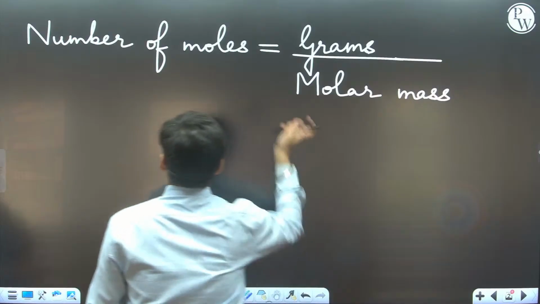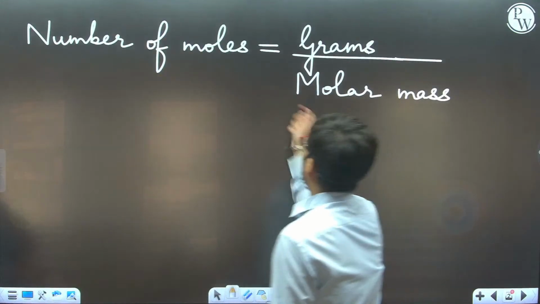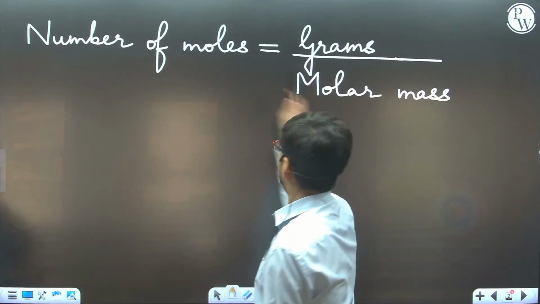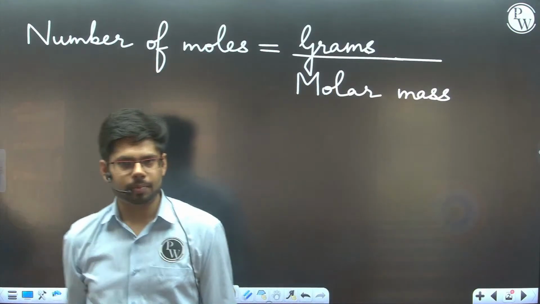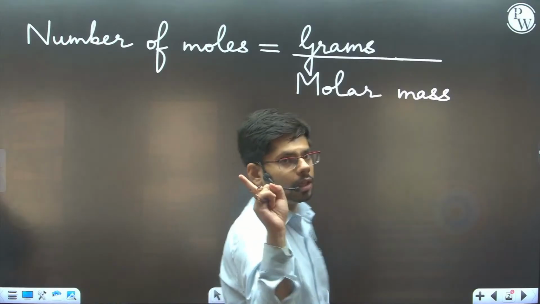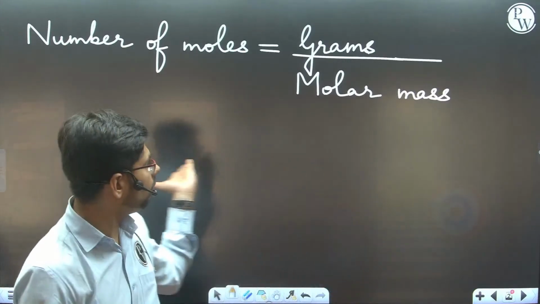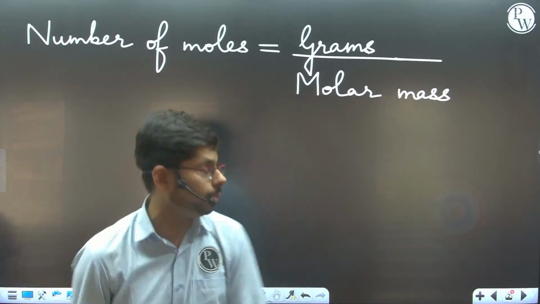Which means if I know the number of moles and the molar mass of a substance, I can find out the weight in grams by multiplying molar mass and number of moles. Which means in this formula, if one particular quantity is unknown and the remaining two are known, we can use the formula and get the value of the unknown parameter.